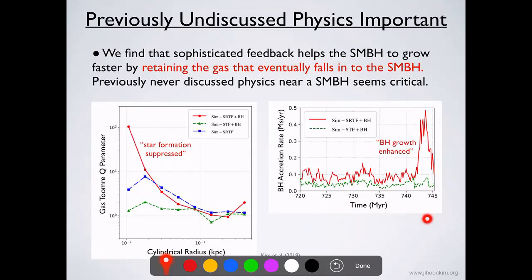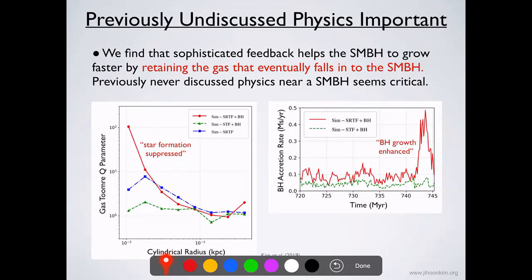So here, what you're seeing is, as a function of time, how the black hole accretion rate changes, how fast the black hole grows. And you can see that the red simulation, the one with the accurate physics, has an enhanced growth rate compared to the green simulation, which is what people have been doing before this work.